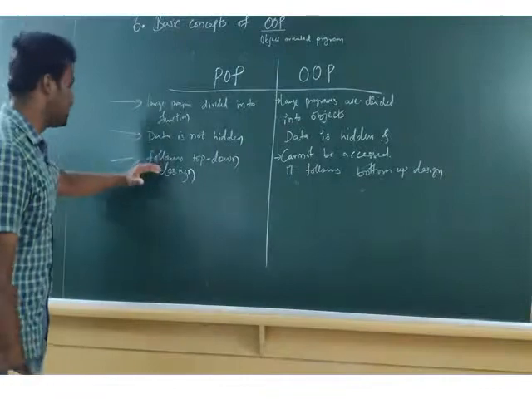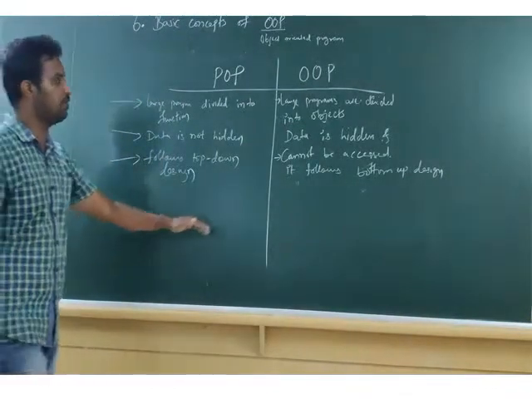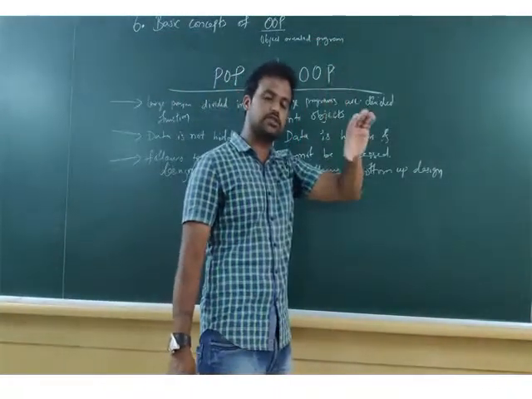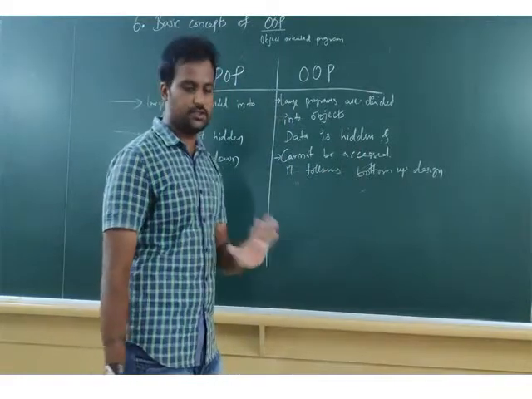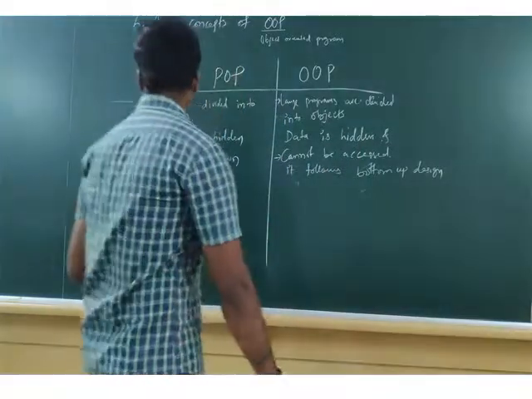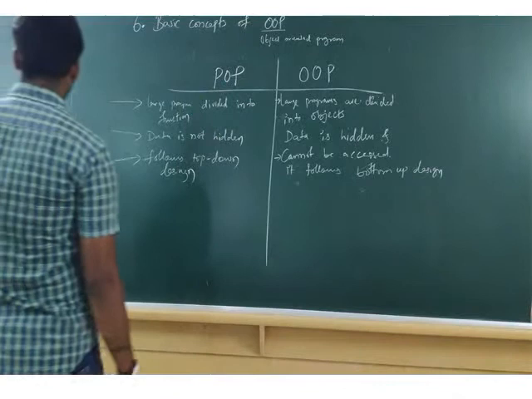Top-down design means first we write void main, then we write the program. Here first we write programs or functions, then we write void main. That is the difference.